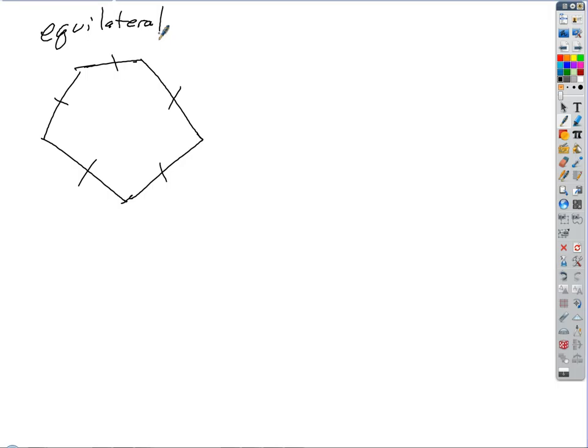Okay, how about this one? Okay, what's that telling you? It's equiangular. Yeah, equiangular.